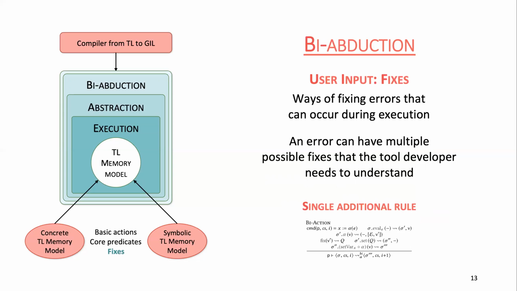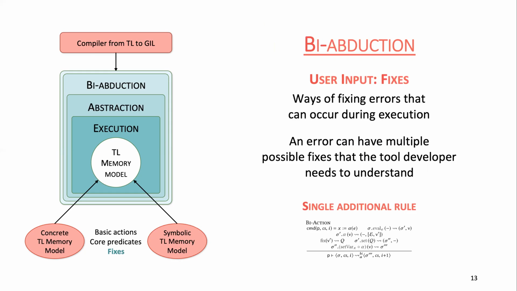Quite often in operational semantics, one talks about success and doesn't give the error cases. But here we give the complete information about the success and error cases, and errors can sometimes be fixed. And that's what bi-abduction means.